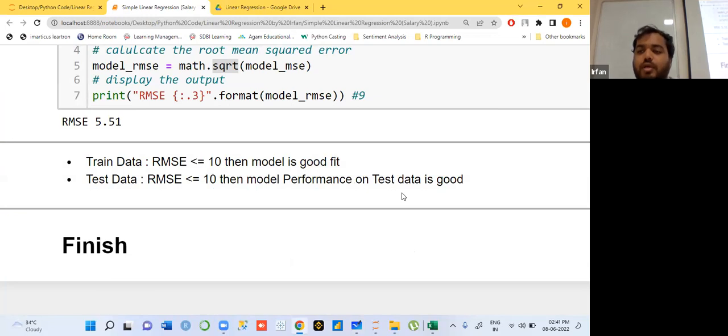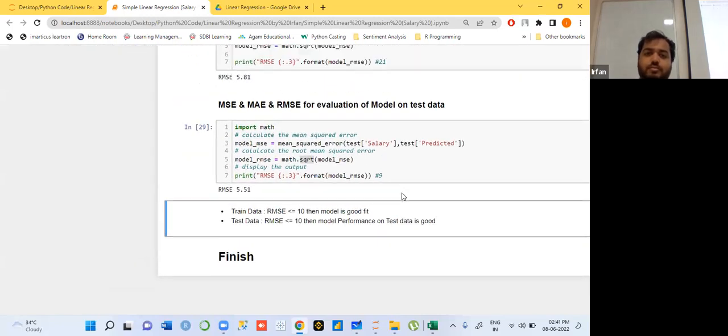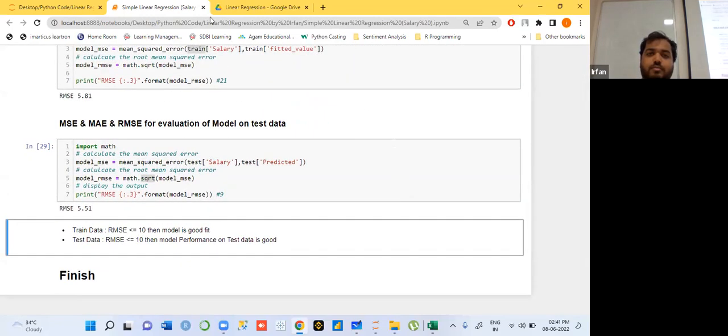Clear? Any question can ask, guys, from my side? Concept done. RMSE always has to be less than 10. It's a universal benchmark. Nobody can change that.